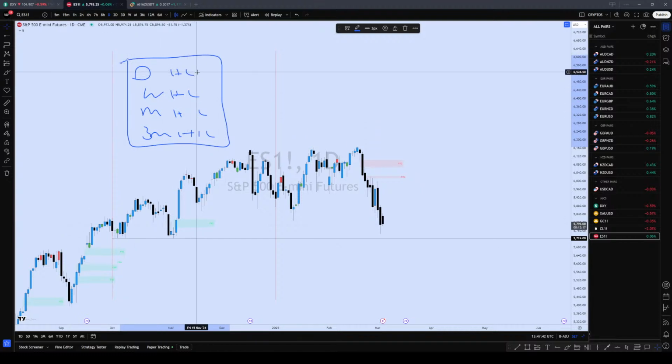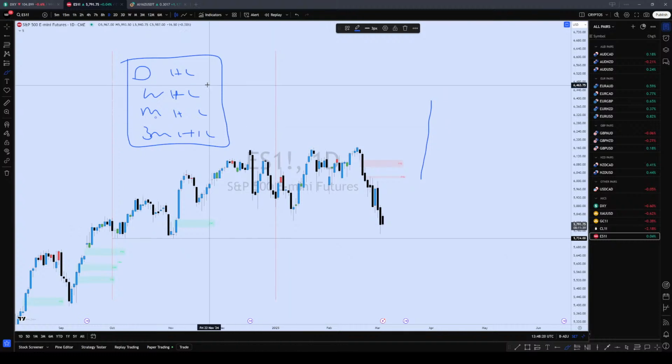So when price is moving, it's going for one of these, or it's reversing from one of these. That's it. I'm going to repeat it again. When you see price going up, it's heading for a weekly high, a monthly high, a quarterly high, or a daily high.